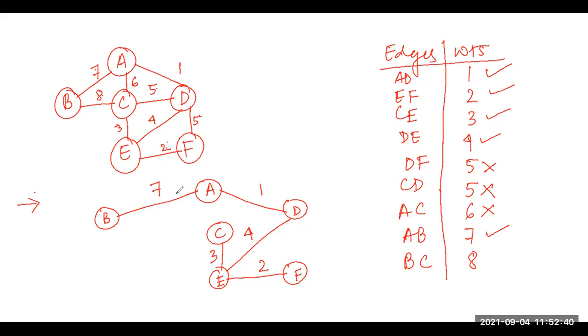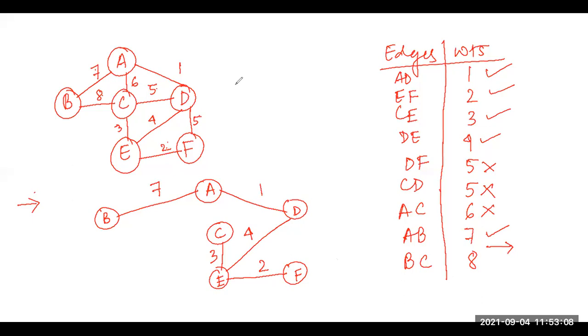If you notice, all the nodes are connected in some way or the other. Up to this step, all the nodes are connected with some edge or the other, right? So my MST is already done. I do not need to include any more edges.